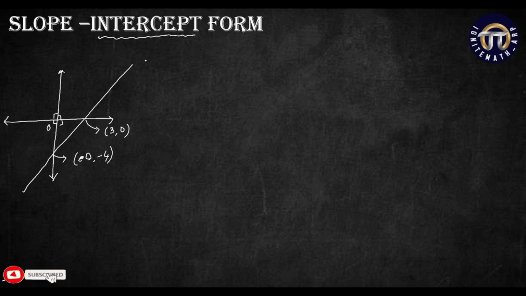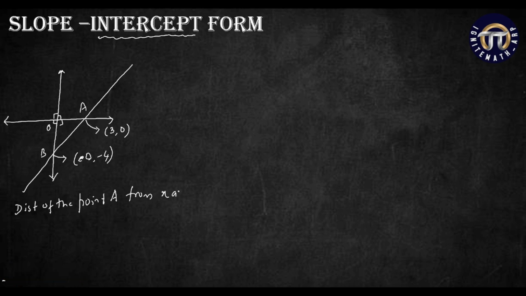Now for example, if I'm calling this point A and if I'm calling this point B, so the distance of the point A from the x-axis, you know it is the y coordinate, it is 0 units, and from the y-axis I can say it is 3 units.